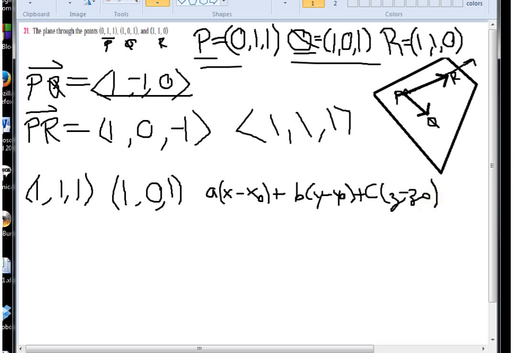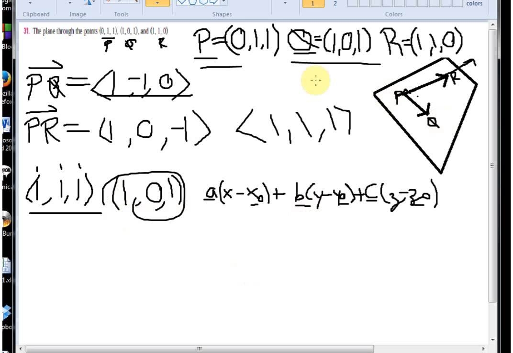So these letters A, B, and C are going to be the normal vector components, respectively A, B, and C, and for x0, y0, and z0, we can plug in these points.